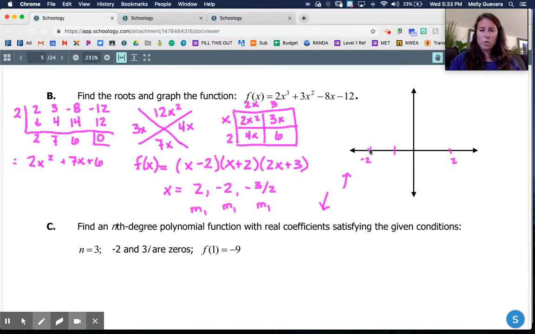So I have a point here at -2. I have a point at -1.5, and I have a point at 2. So the graph comes down, cuts through, turns, cuts through, turns, cuts through. Something like that. The ends are doing what I wanted them to do, right? And I'm cutting through every single time.